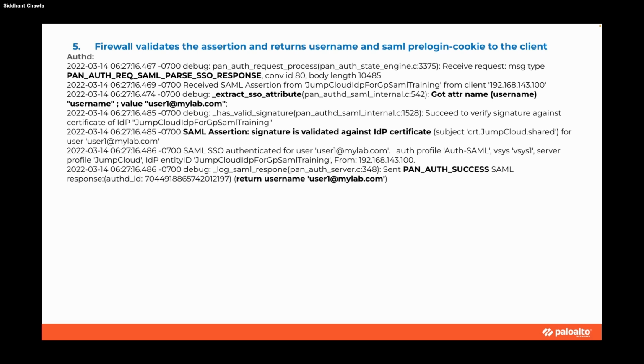We know the keywords when the firewall generates SAML SSO and then redirects the user to the IDP. But when it succeeds, we will see a keyword like PAN or success. That means SAML authentication is successful.